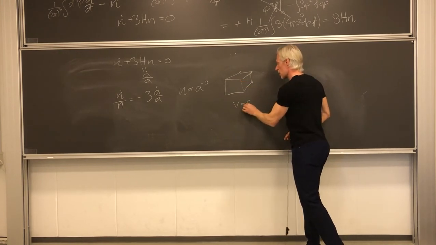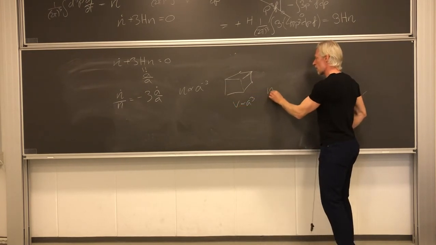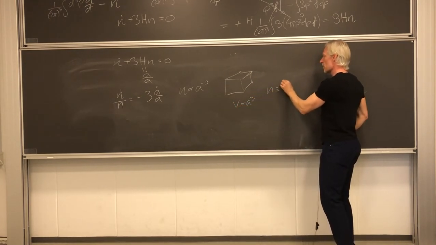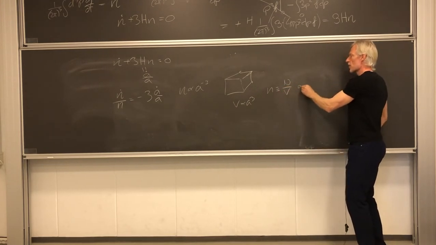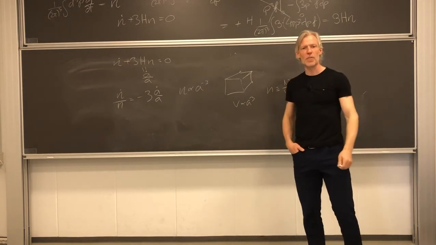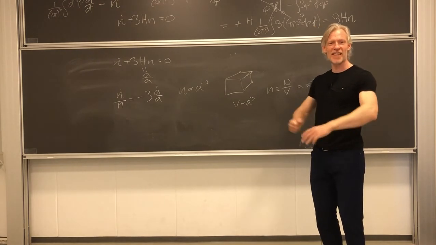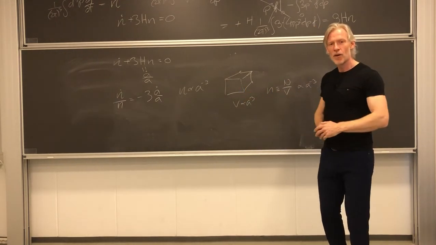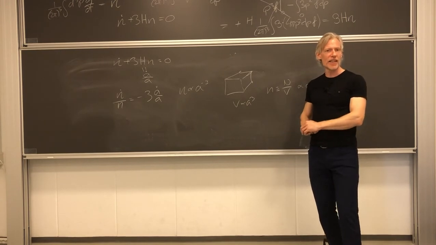And that means that the number density, which is the number of particles divided by the total volume, must go as a to the minus 3 if you have conservation of total particle number. But that's exactly what you have, because the system is non-interacting, so you cannot take away particles or create particles. So this is the only result that would be meaningful in any way.